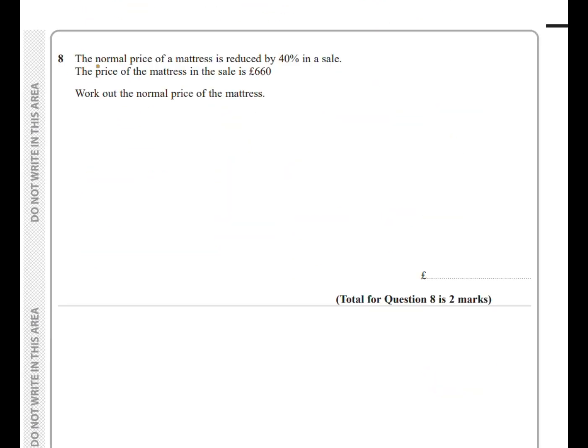Question 8, from 2023 Edexcel Higher Paper 1, says that the normal price of a mattress is reduced by 40% in a sale. The price of the mattress in the sale is £660. So if it's reduced by 40%, the current price would be 60%, right? It means that the current price in the sale, that is £660, equals 60%.